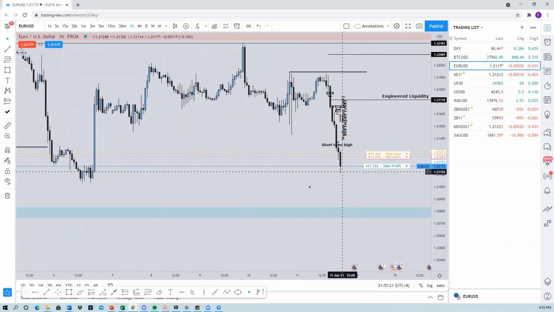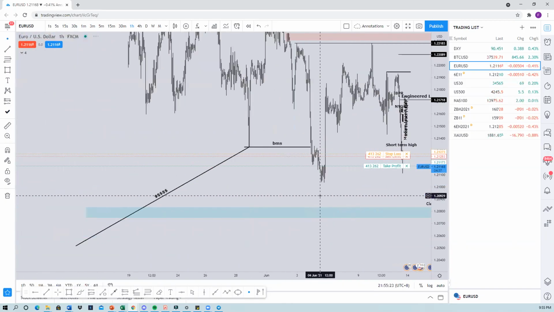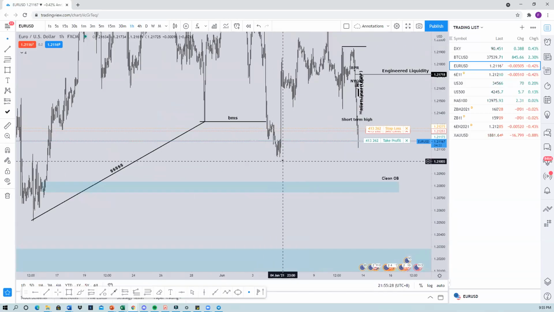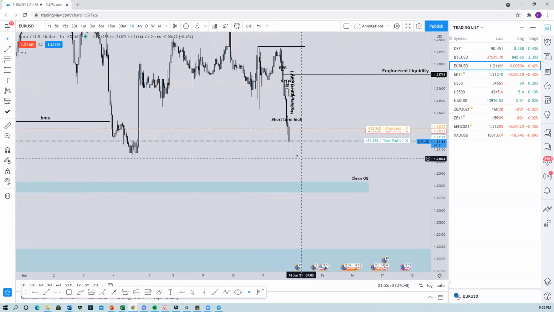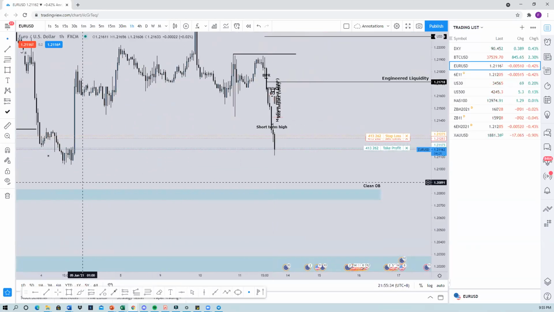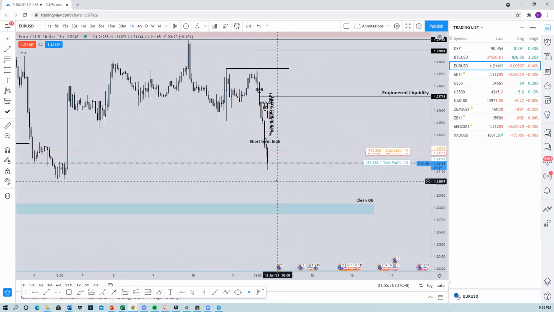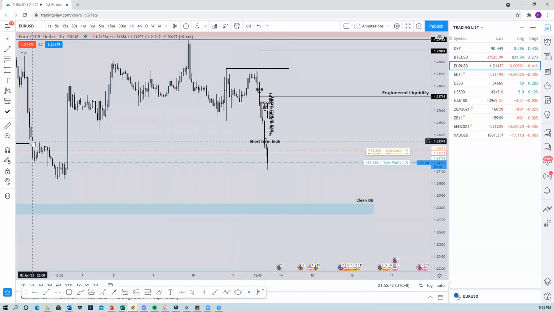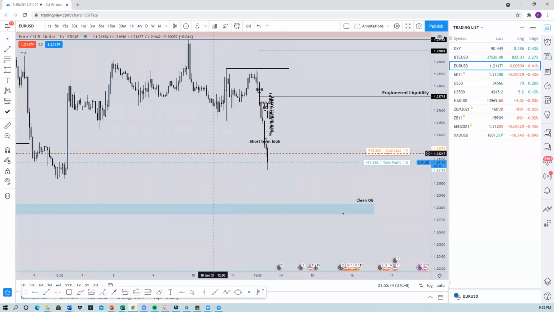Okay, and we should see a run on liquidity over here. And if in case it is a significant shift in order flow, then this will just go up until this point, right? It will go up until this point and just drop again later on, basically next week, right?